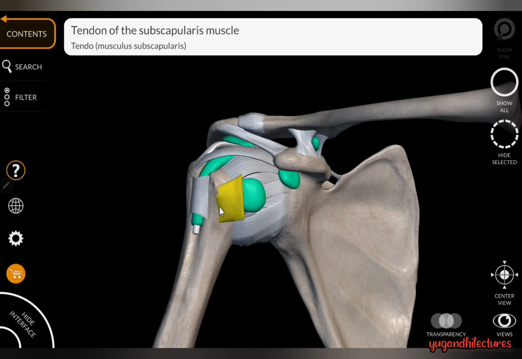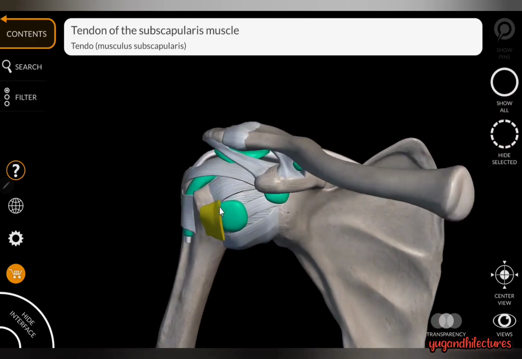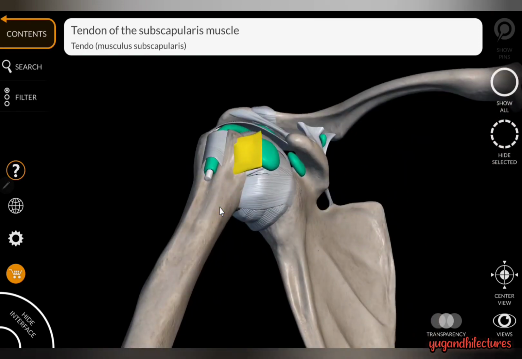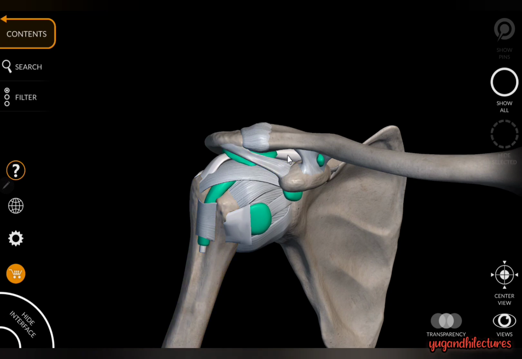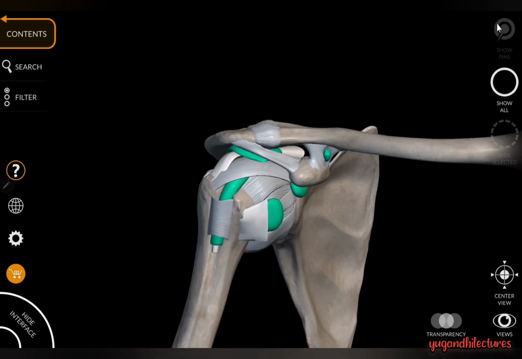All those four tendons form the rotator cuff. All the ligaments of the shoulder joint lie within the rotator cuff except the coracoacromial ligament. And that's all about the ligaments of the shoulder joint.